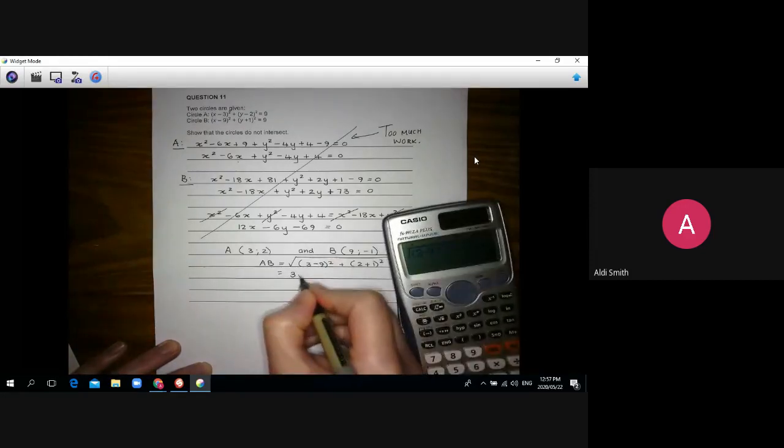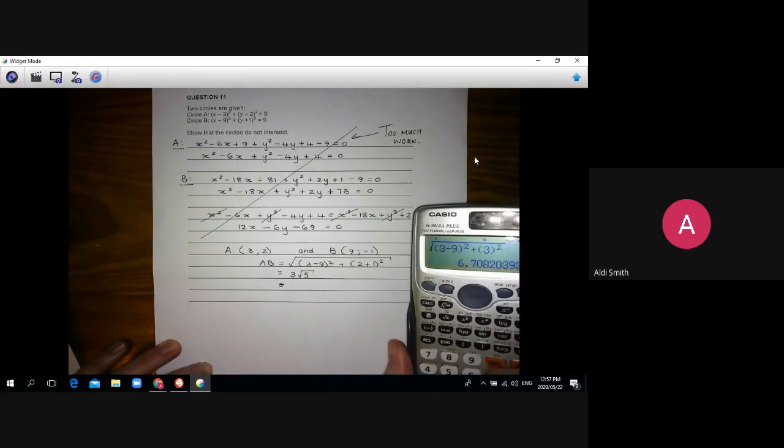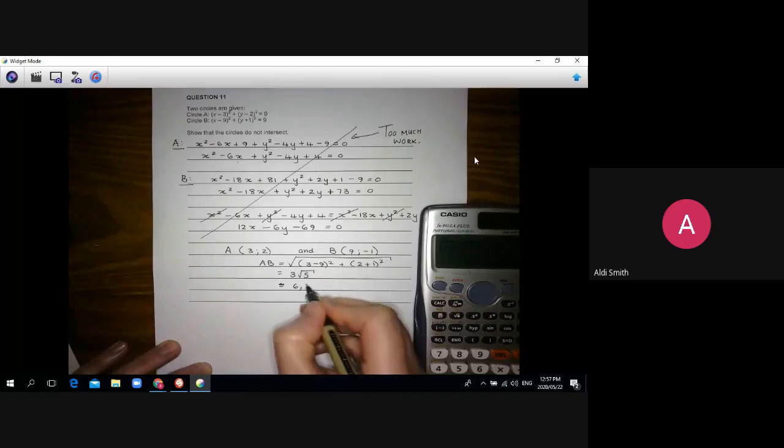And that's going to give me 3 square root of 5, which if I change it to a decimal, gives me 6.708. I'm not going to round that off just yet.